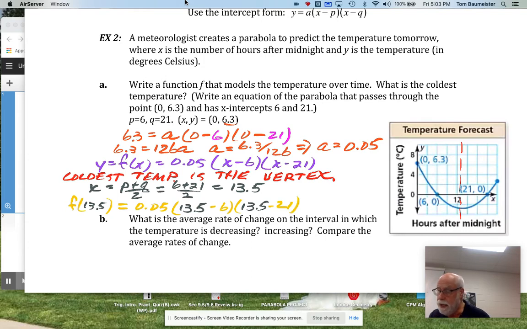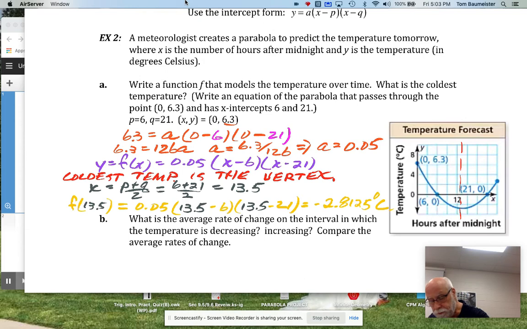And when we work that out, we'll find out that our coldest temperature is at negative 2.8125 degrees, and that was in Celsius temperature.